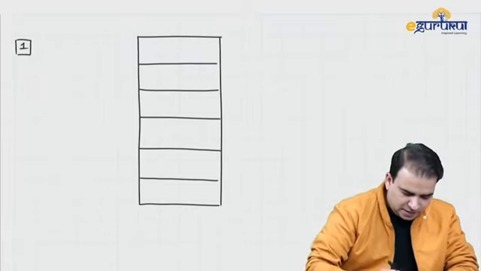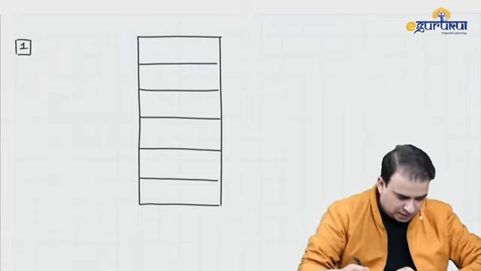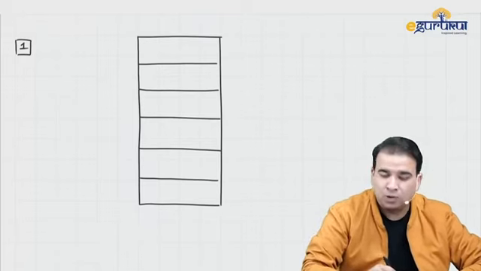The first layer, which is the outermost layer, is the plexiform layer, also called the molecular layer.